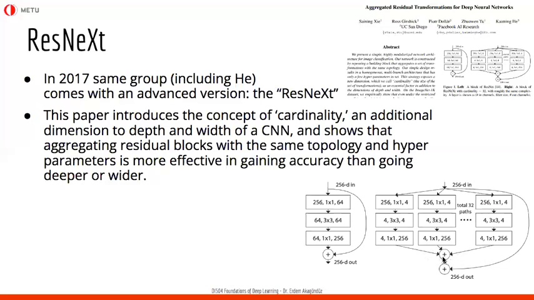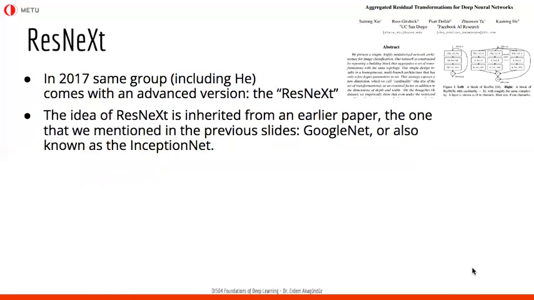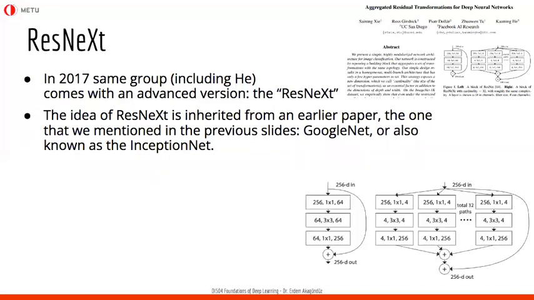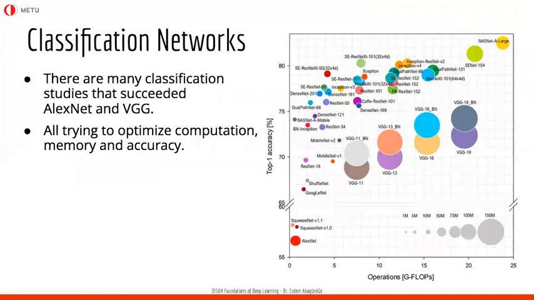This is a different idea. They don't concatenate, they sum it up. So different features are combined, and then they add the residual connection as well. So ResNeXt is also very good. It's a bit more efficient compared to Inception ResNet. And if you see the big picture, it is somewhere around here.